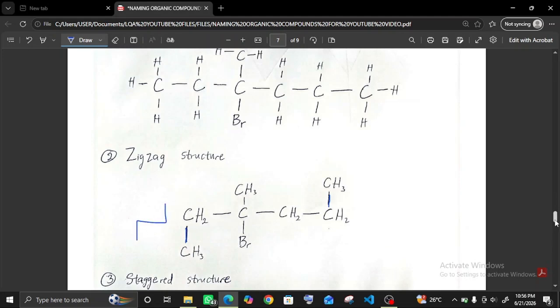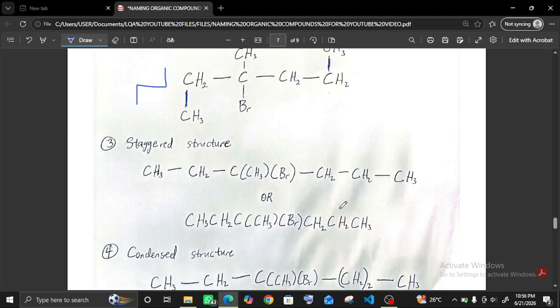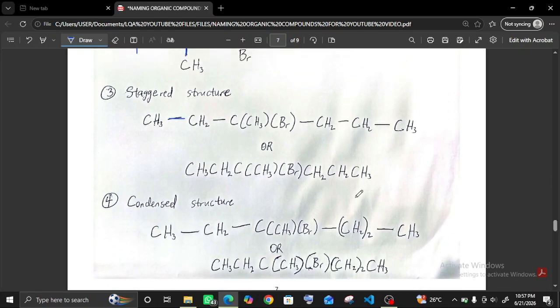We also have the staggered structure, which is this. It's like you're condensing everything, where we have CH3, CH2, CH2, just like that. Or you can have it like this, where you don't show these lines. Or we also have the condensed structure. The major difference between the staggered and condensed structure is, look at this part. You can see that they are separate, but in condensed structure they will be together.